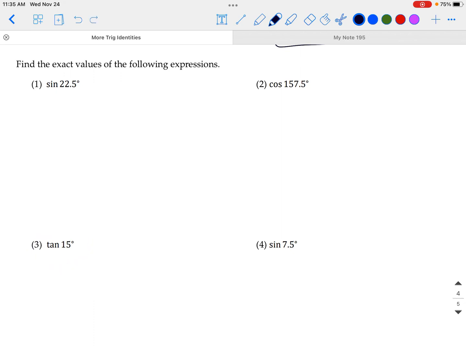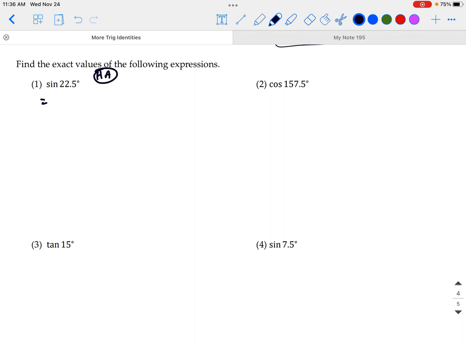Tangent of 15 you can write as half angle or sum or difference. And then 7.5, well, that's half of 15. And 15 is half of 30. So it looks like there's going to be a double identity here. So we're going to look at each one and work our way through it.